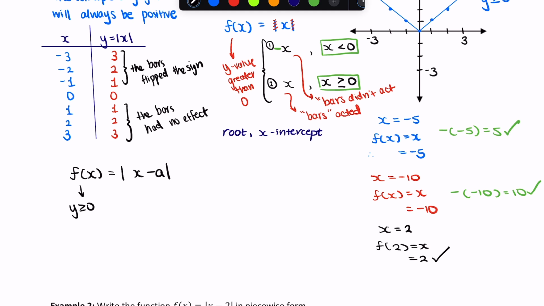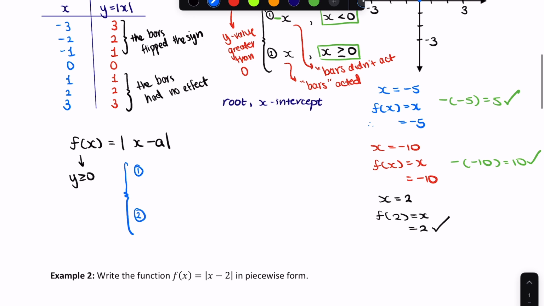And here we can write our two branches, our first branch and our second branch, just like we saw here. So remember, you have one branch that is from one side of the root or the x-intercept, and we have another branch that represents the other side of the root or the x-intercept. And so that's why we represented it as x minus a.